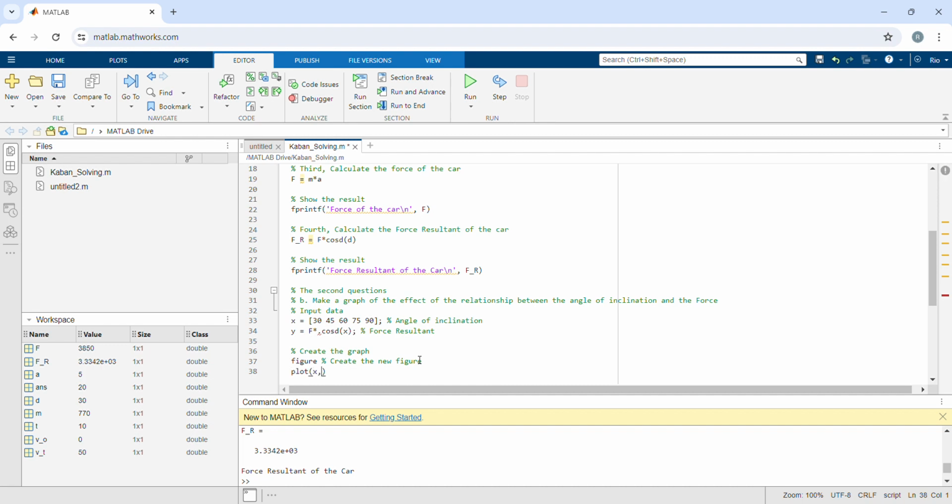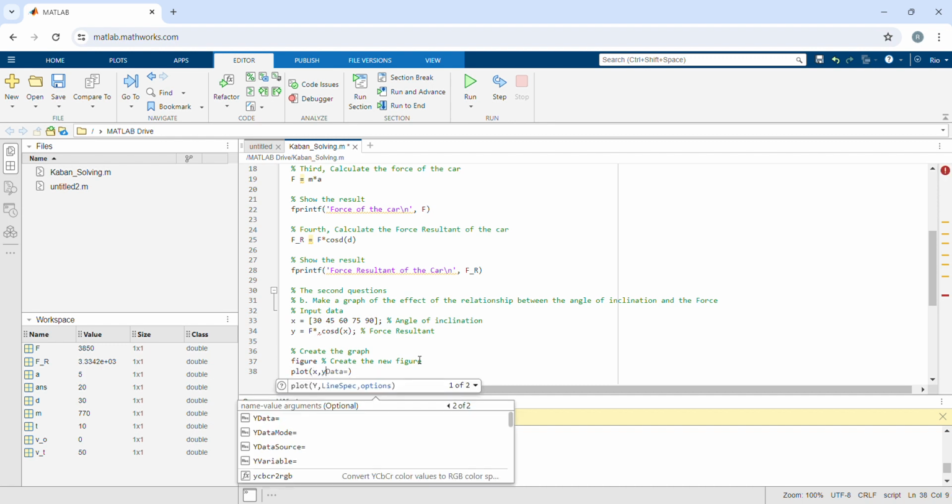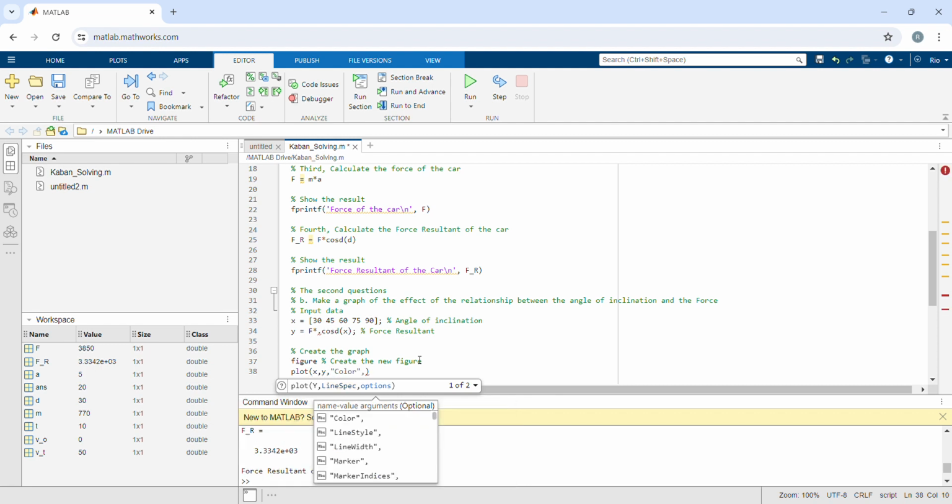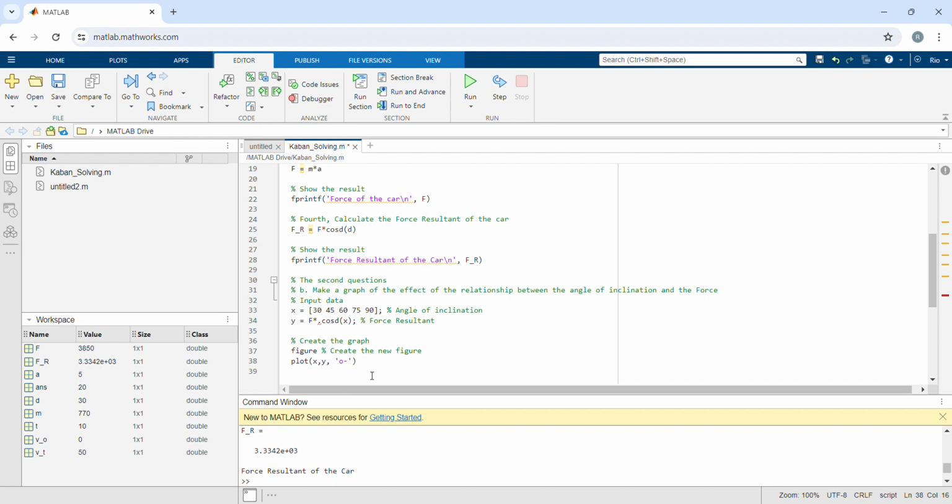Of course, we would like to plot the x and y axis, and then we can input the type of the graph. So the graph would be like this, with this symbol.